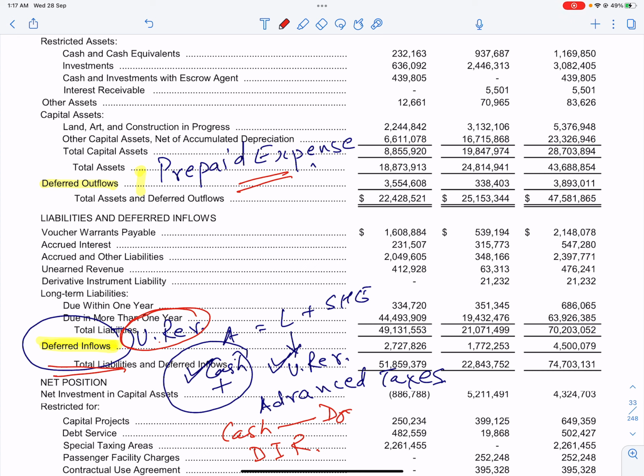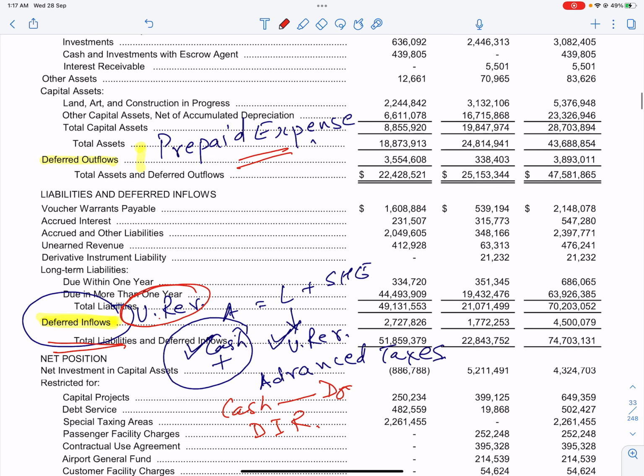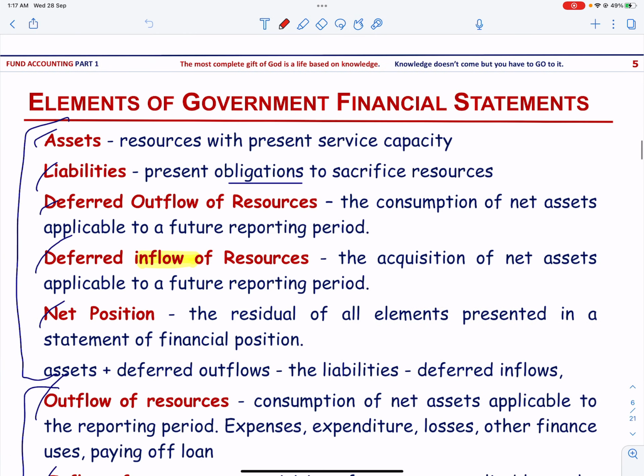The next element of government financial statements is net position, the residual of all elements presented in a statement of financial position.